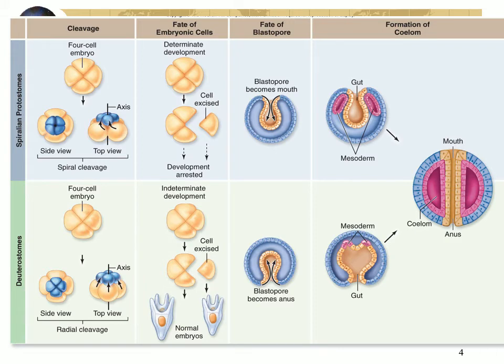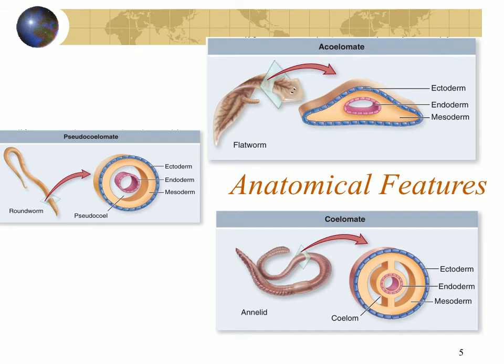They too go through an invagination to form the intestine, but instead of the first opening forming the mouth, it forms the anus, and the developing body cavity and mesoderm develops from outpocketings of the gut that happen late in development and will form a coelom. Okay, so these are the great patterns.